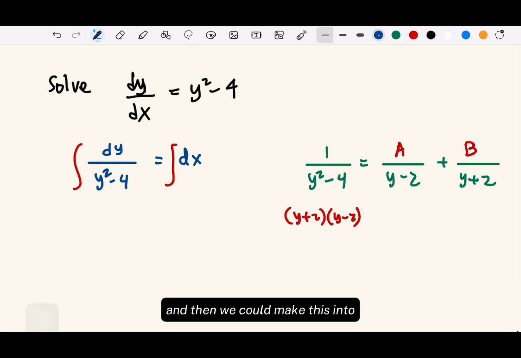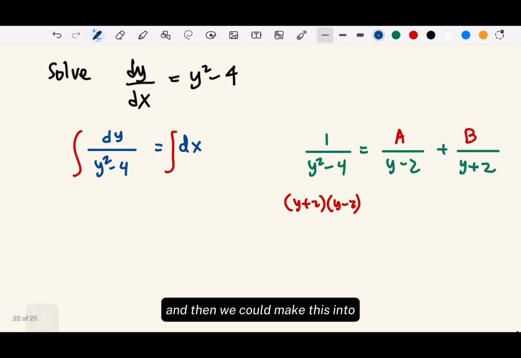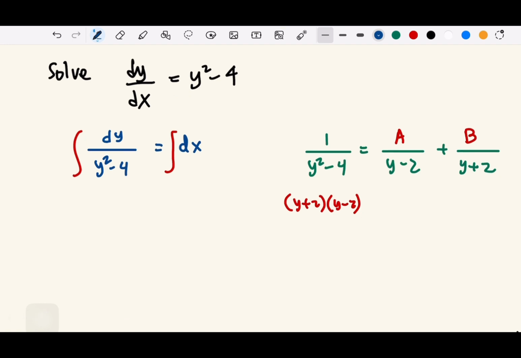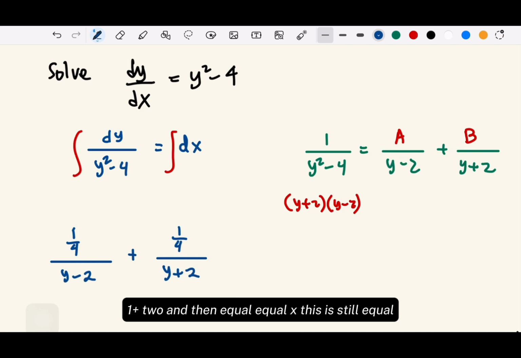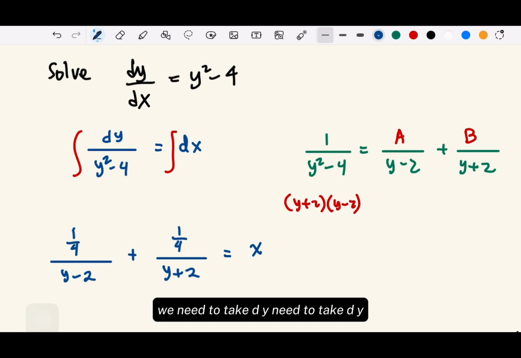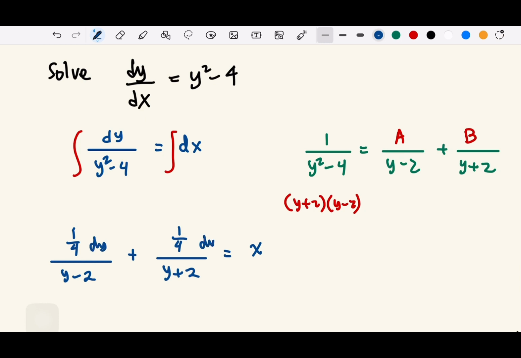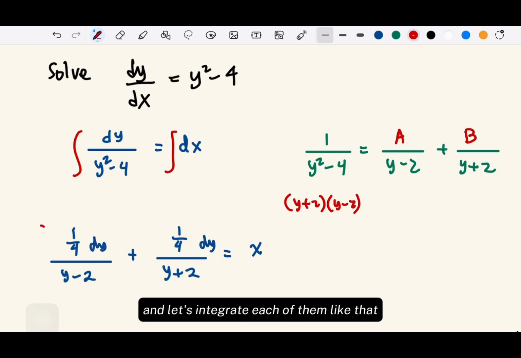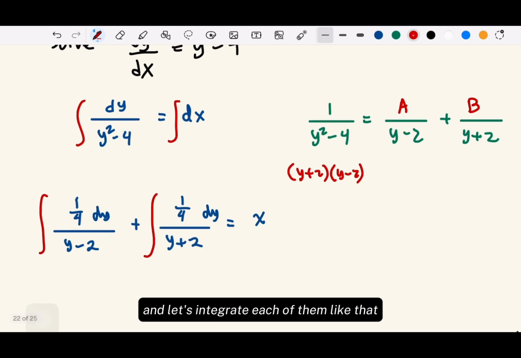And then we could make this into 1 over 4 times 1 over (y minus 2) minus 1 over 4 times 1 over (y plus 2), equal to dx. This is still equal. We need to take dy, and then let's integrate each of them like that.